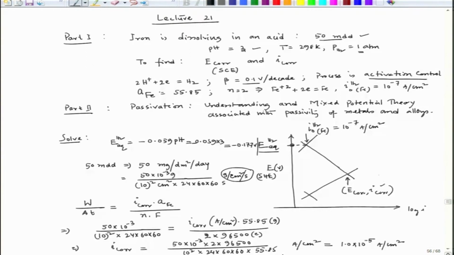So, I core equal to 1.0 into 10 to the power minus 5 ampere per centimeter square. So, that means at this point we know this value. Now we have to find out this quantity.